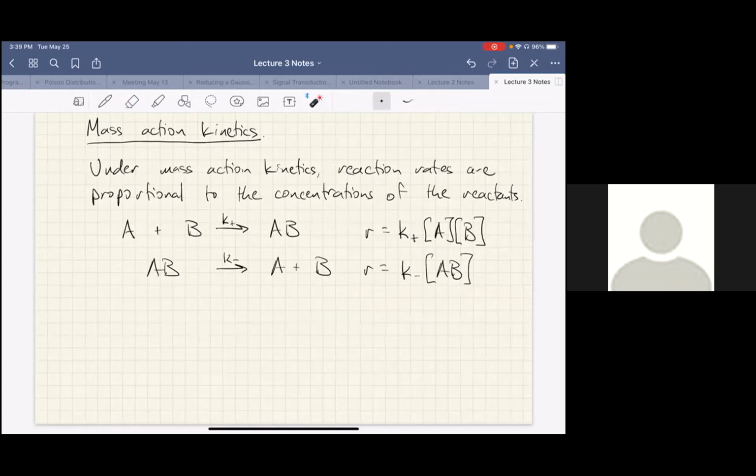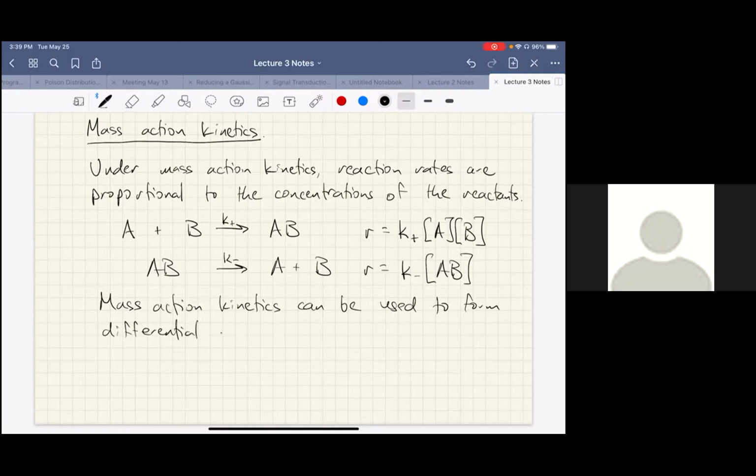So mass action kinetics can be used to form differential equations representing the dynamics of the system.